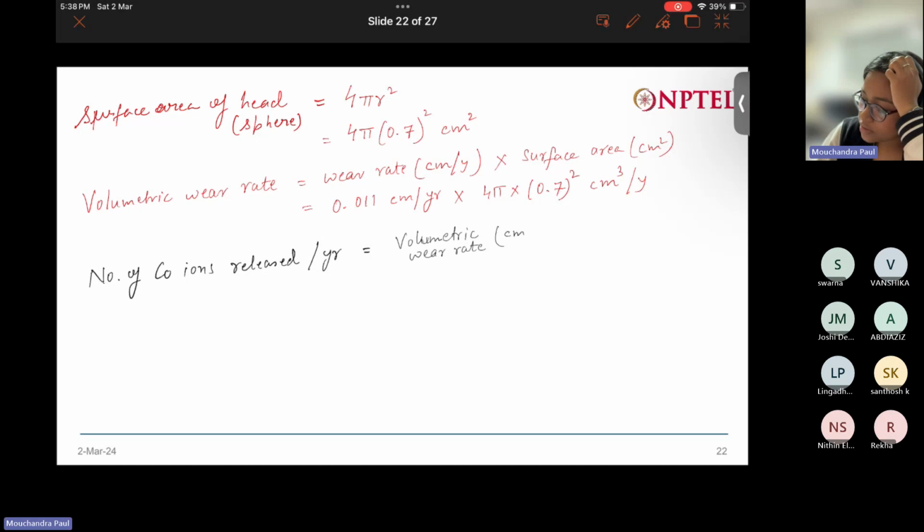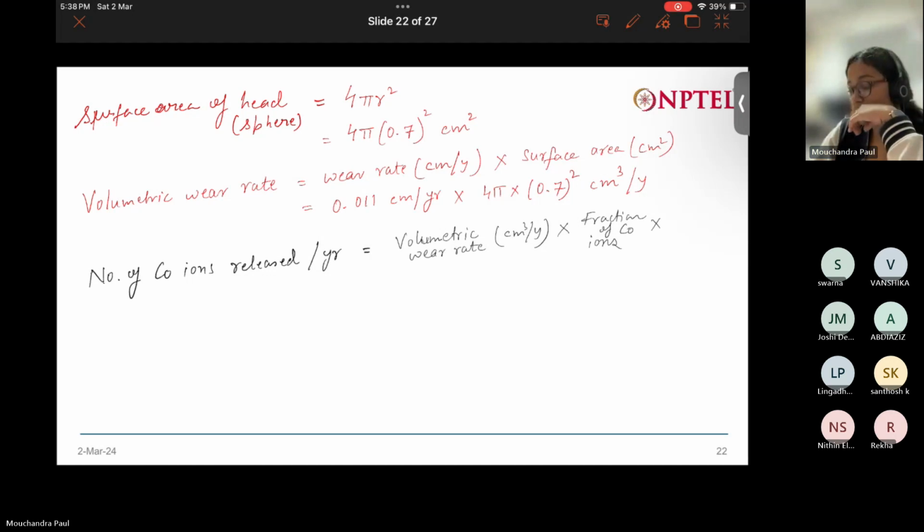Unit is centimeter cube per year. Then how much of the volume contains cobalt? That is your fraction of cobalt ions.